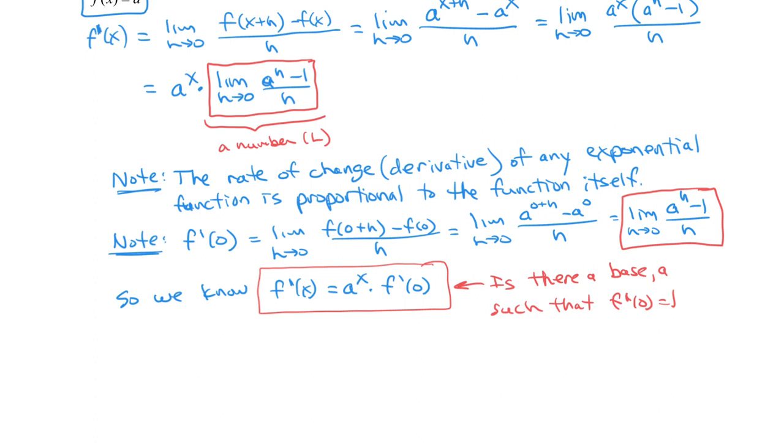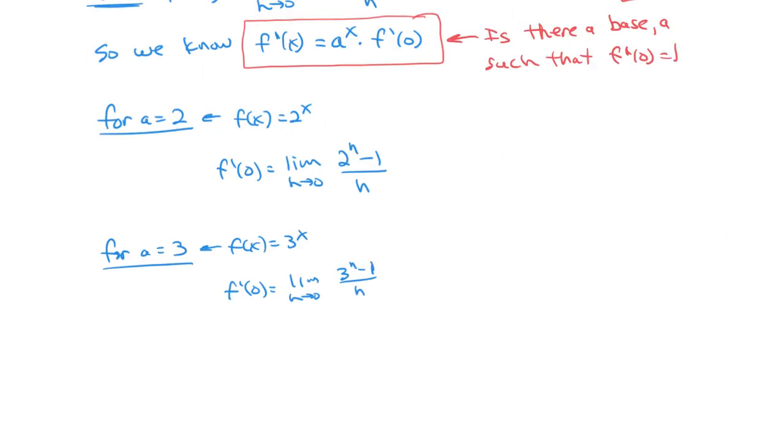So we take the derivative of that base at 0 and we get 1, because then f of x equals a to the x, and f prime of x is also a to the x, so the derivative didn't change the function. So let's see if we can find that base a.